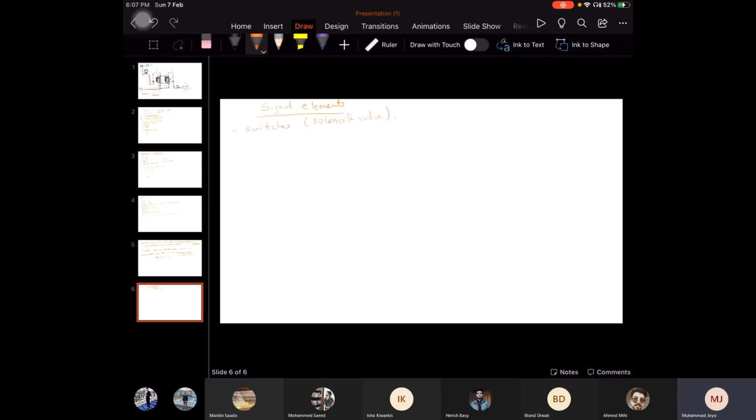So we are basically talking about the signal elements. The solenoid valves can be one, and there are basically three types of switches which can be distinguished in this kind of electro-pneumatic system. One of them is momentary contact switches.